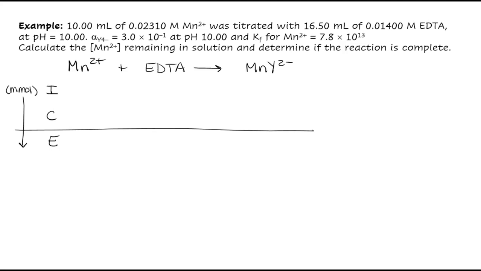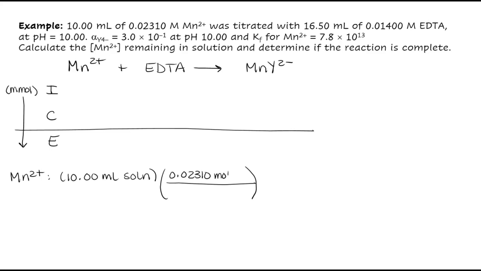We'll calculate the millimoles to fill into the table. Starting with manganese, we have 10 milliliters of solution times the molarity of the manganese, which is 0.02310 moles of Mn2+ divided by liters of solution. The liters of solution will cancel, and we'll be left with milli and moles.